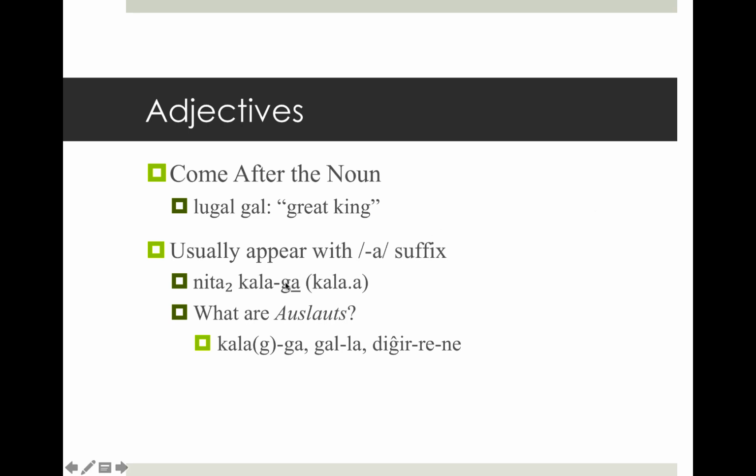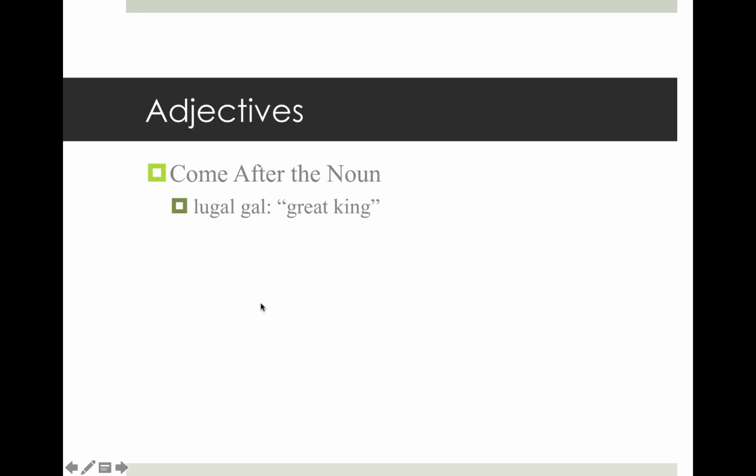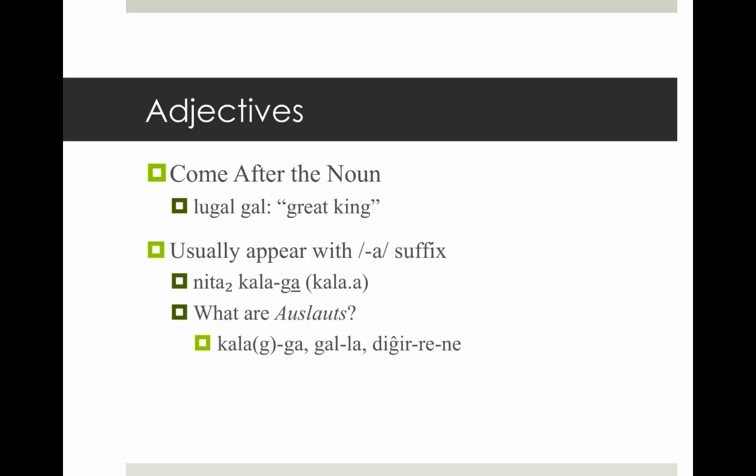If we go back, this R right here. Why is there an R? Well, let's talk about it here. So nita, where's my mouse? There it is. Nita means man or male, and kala is mighty. And there's your A, and the A is attached to the kala, the adjective, to tell you this is an adjective.